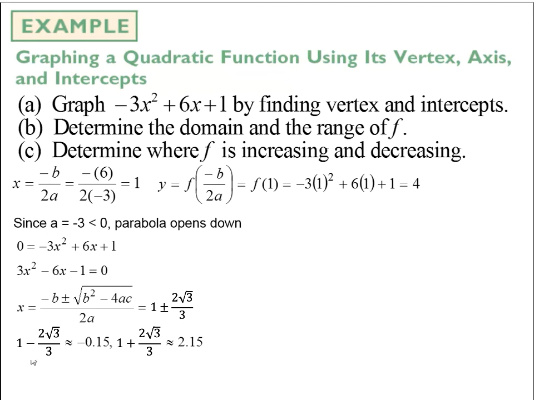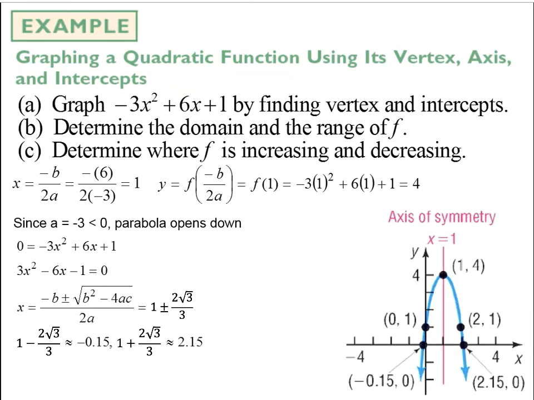I went ahead and plugged into my calculator 1 minus 2 root 10 over 3 and 1 plus 2 root 10 over 3, just to get a decimal number to get a good feel for where those x-intercepts would fall. If I were to plot those points, here's that graph. Here's my vertex of 1, 4, and I can see the graph is opening down.